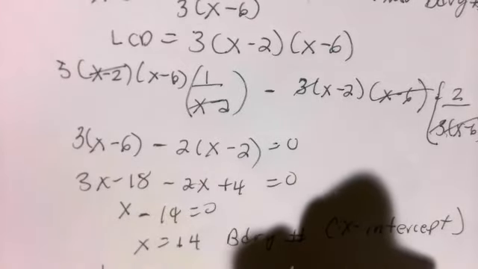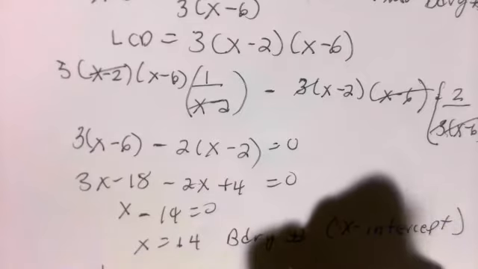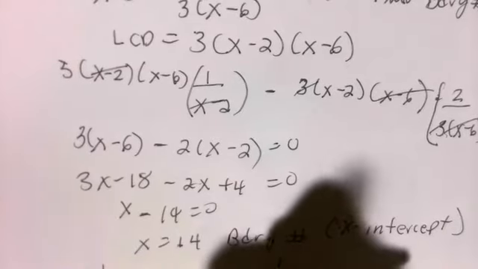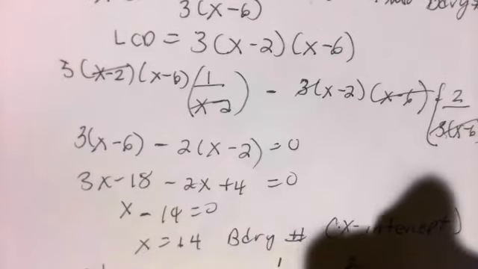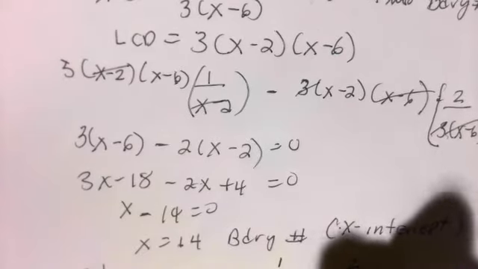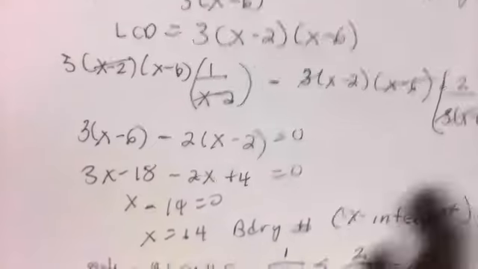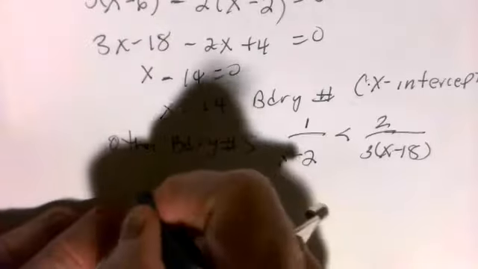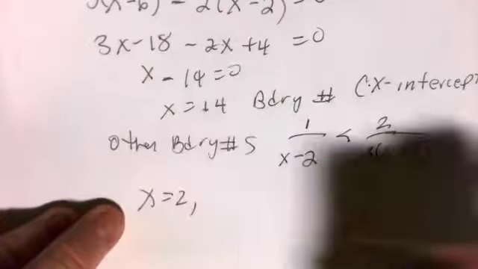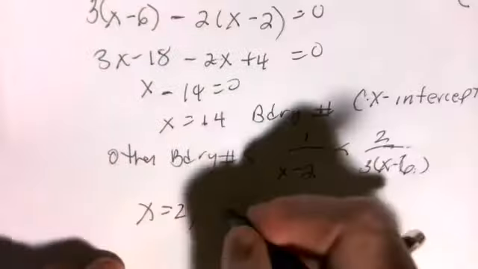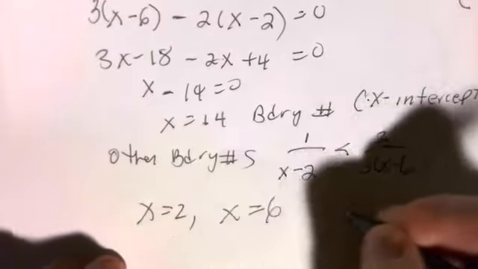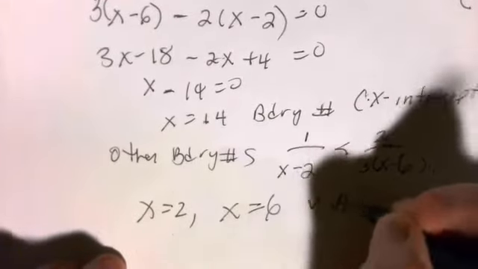So we look back at what we had for our original inequality, and we set these denominators equal to 0. So we'll get x equals 2 as a boundary number. And that was supposed to be a 6 right here. And we'll get x equals 6 as a boundary number. Now, these are the vertical asymptotes.